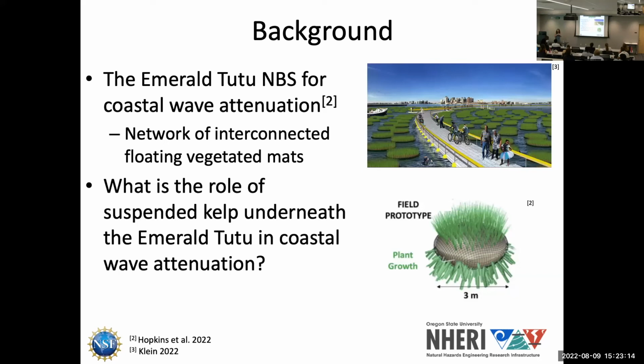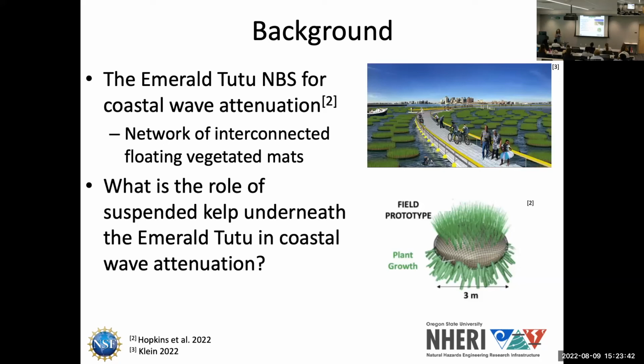Those are the two mechanisms that wave energy is dissipated via. As a wave approaches the structure, it has to lift all of these mats. So there's a transfer of momentum, and because they're interconnected, some energy is dissipated via the tension of the ropes connecting these islands.